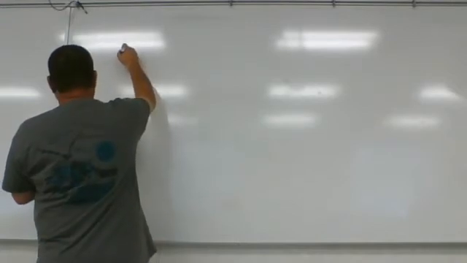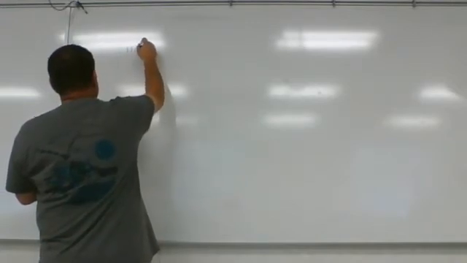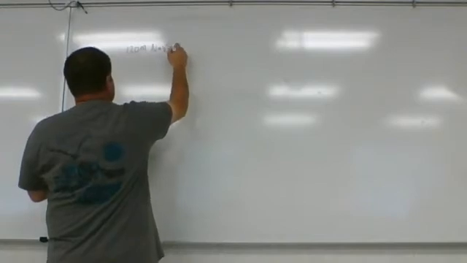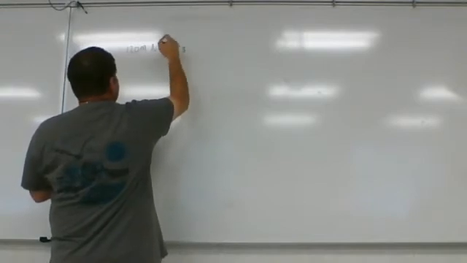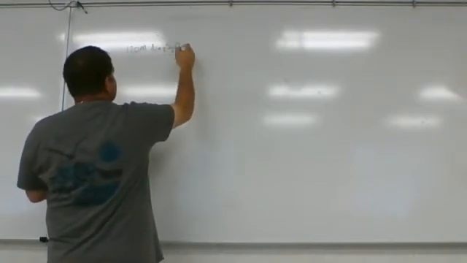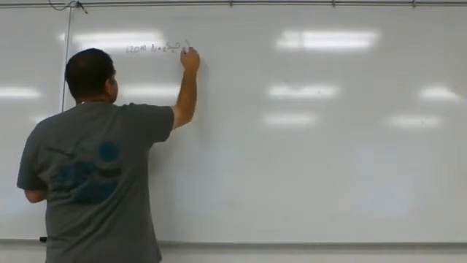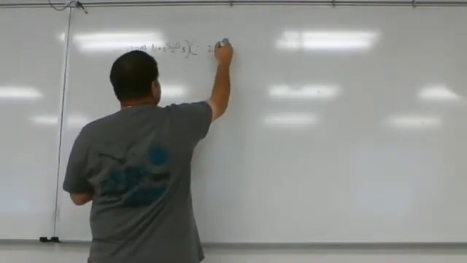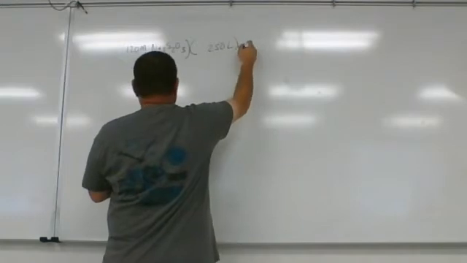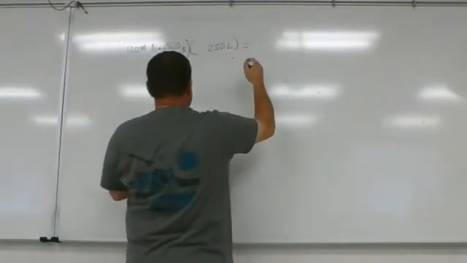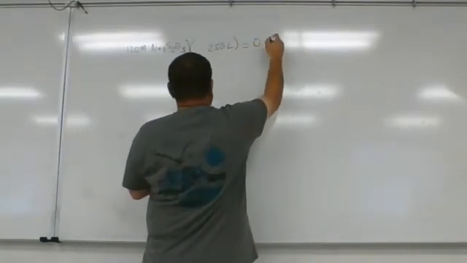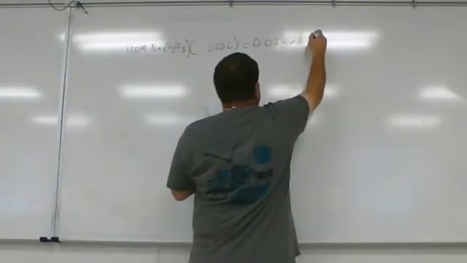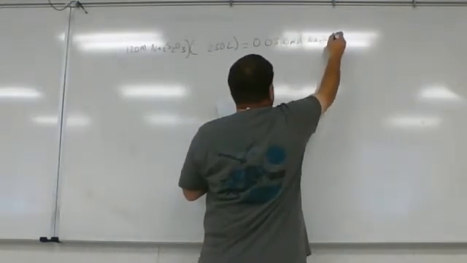I'm starting out with 0.120 molar Na2S2O3, multiplied by 0.250 liters, and that will give me 0.0300 moles of sodium thiosulfate.